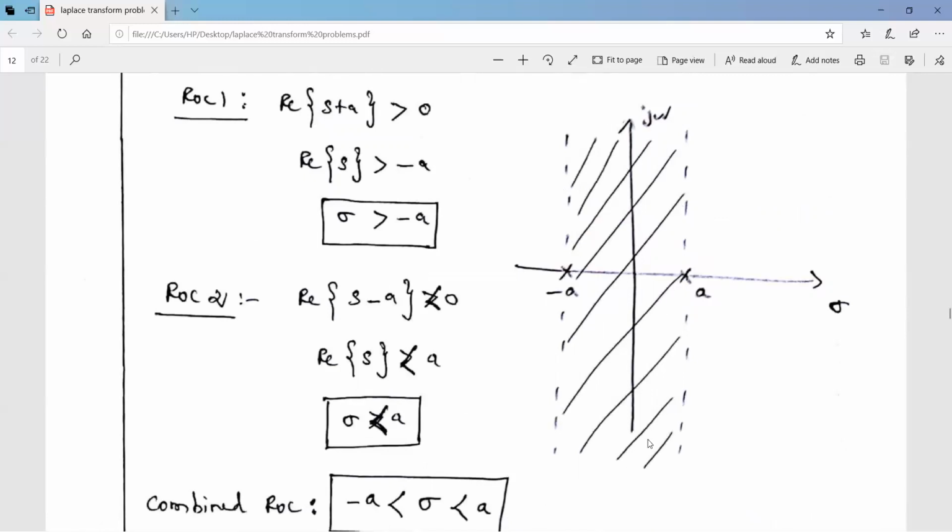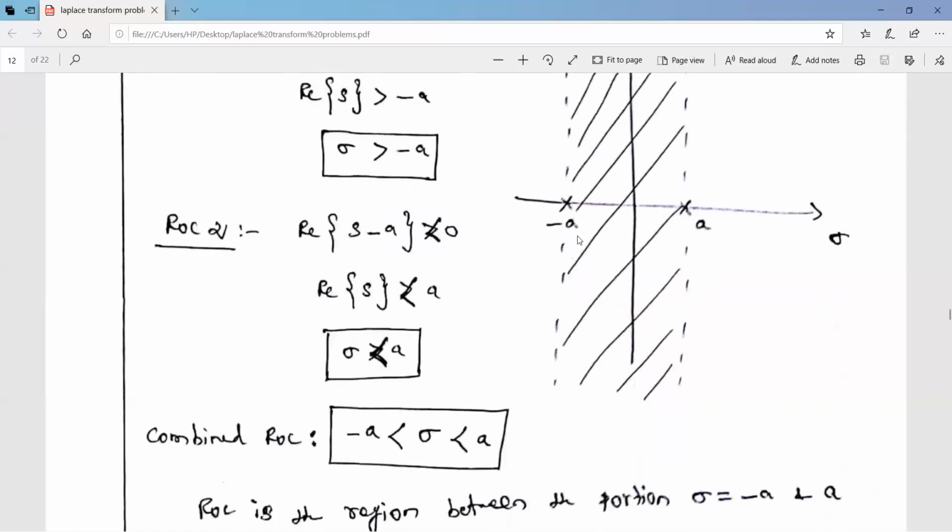So this shaded region is the combined ROC for the double-sided exponential signal, that is, the region between sigma equal to minus a and sigma equal to plus a.